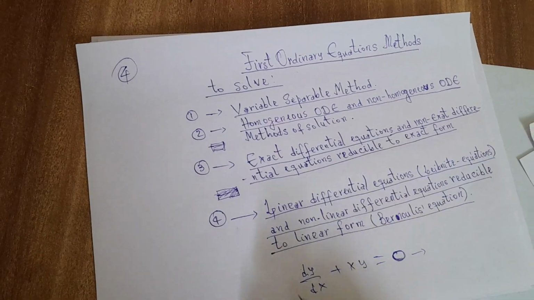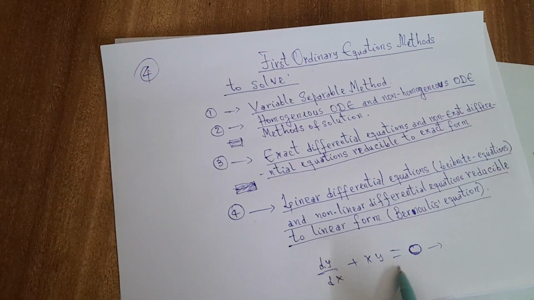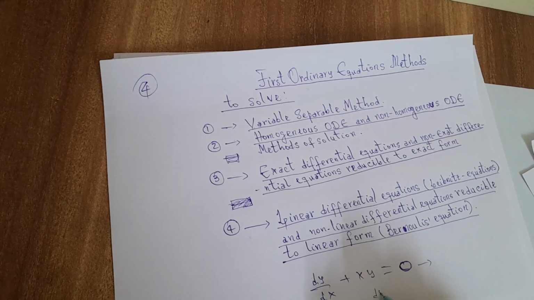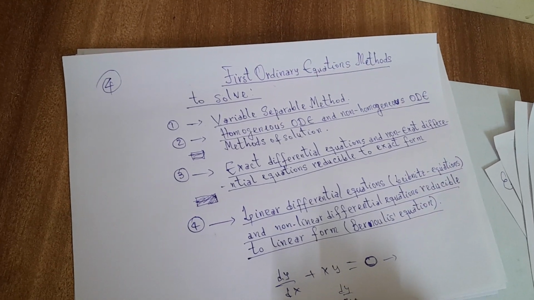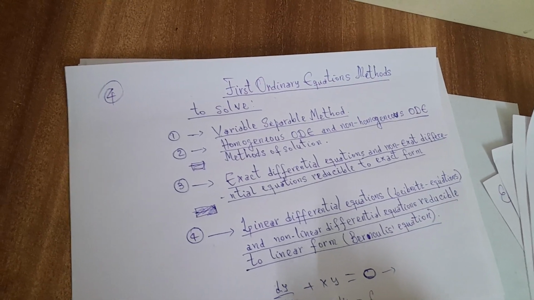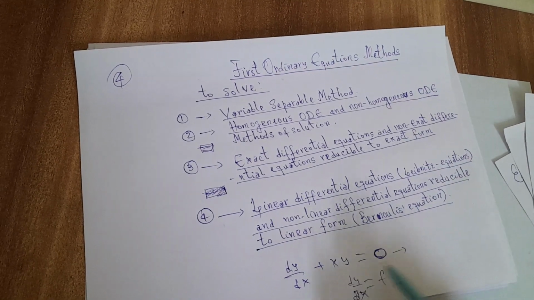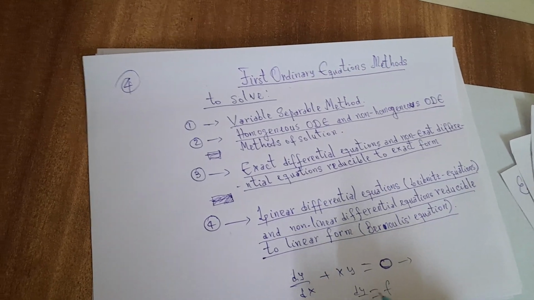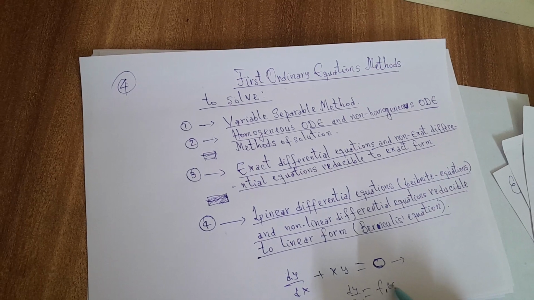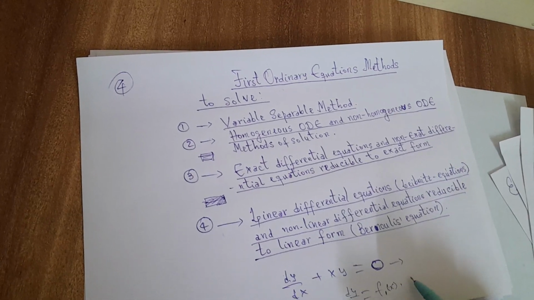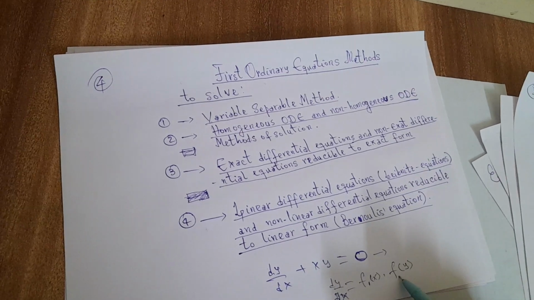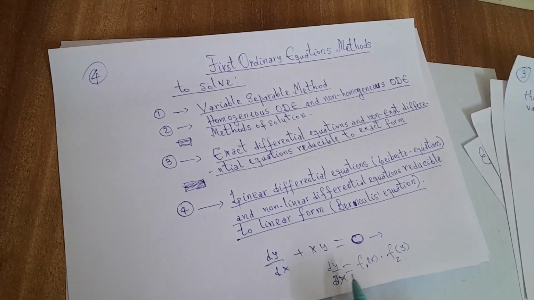Okay, for this one we can apply the first method. The condition to apply this separable method is that you have to have dy upon dx equal to f1, a function of x, times f2, a function of y.